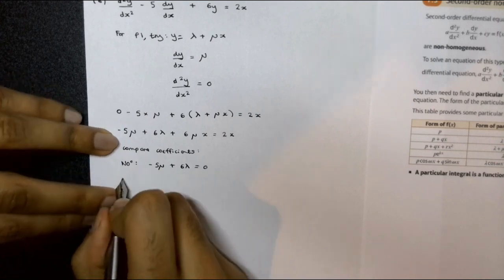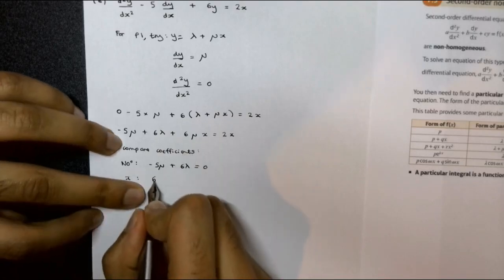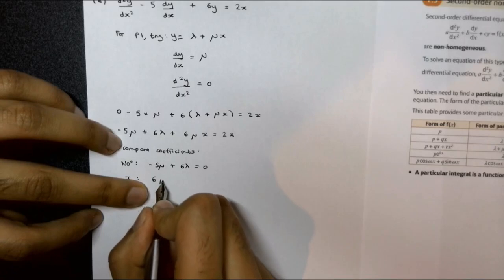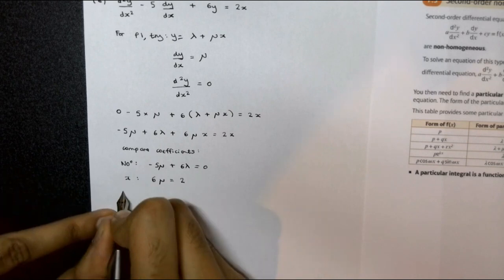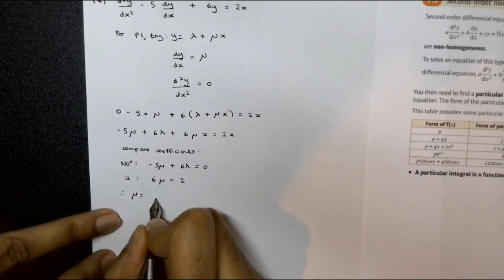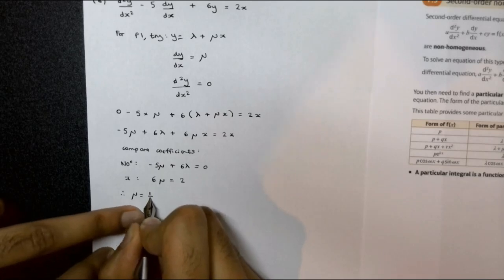And if we compare the x's, you can see we've got 6 mu equals 2. So from this, you can see here, mu is equal to 1/3.